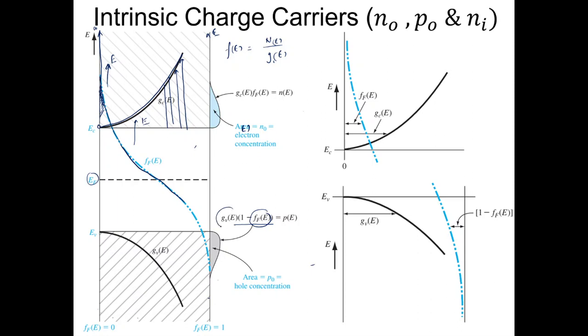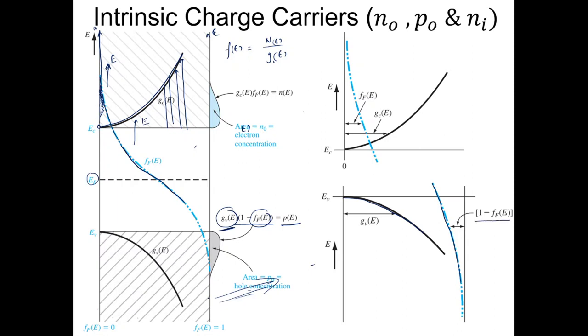Then GV is the density of states in the valence band. So the total hole concentration in the valence band is the product of the number of unoccupied states times the density of states in the valence band. A zoomed region of this is presented here. What you see is the density of states, and this is the Fermi function for a state being unoccupied, which is 1 minus f.